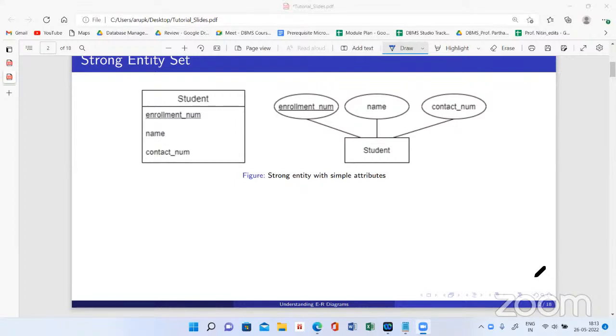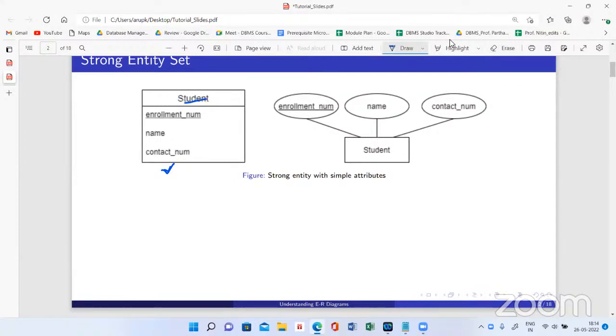Okay, so there could be two different kinds of representation whenever we go for an ER diagram. One kind uses this rectangle, as you can see. You put the entity set name, like student, over here. Sorry, give me a minute. I'm using my pen tab after a long time, so just bear with me.